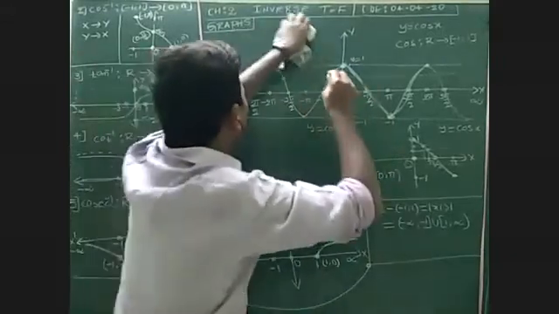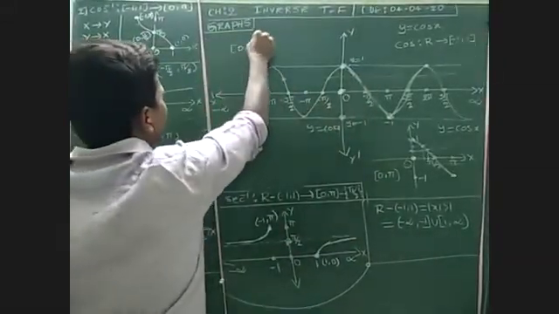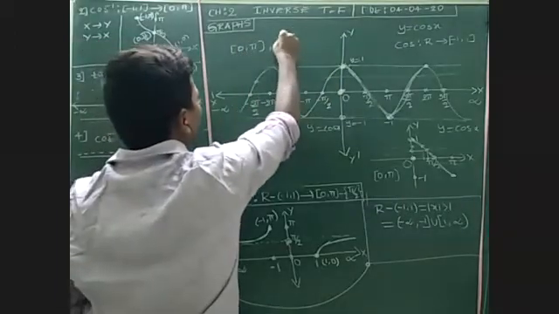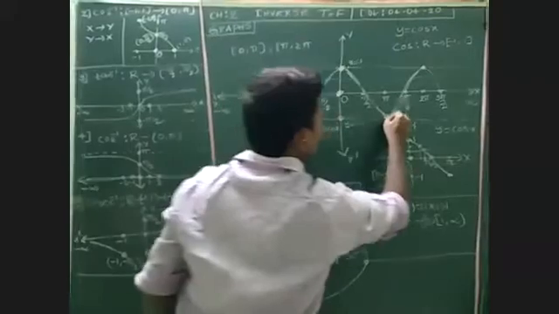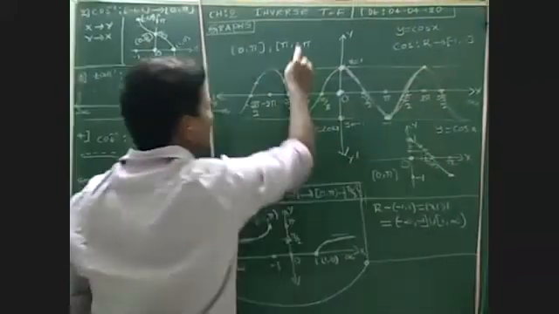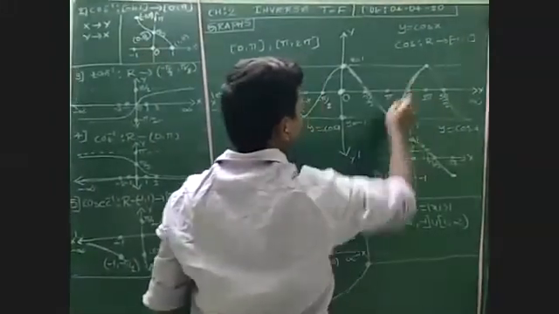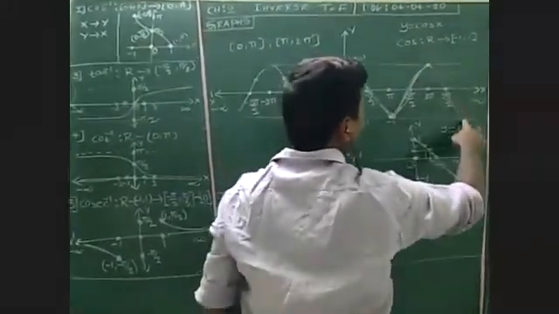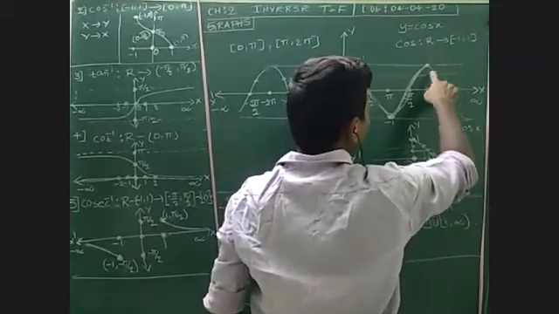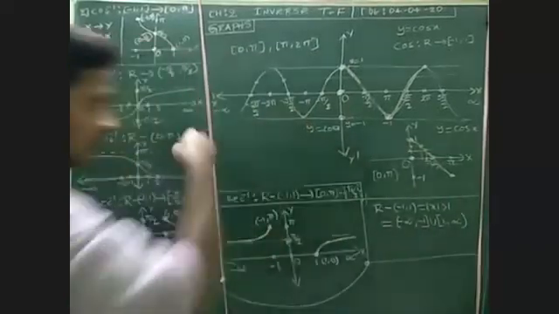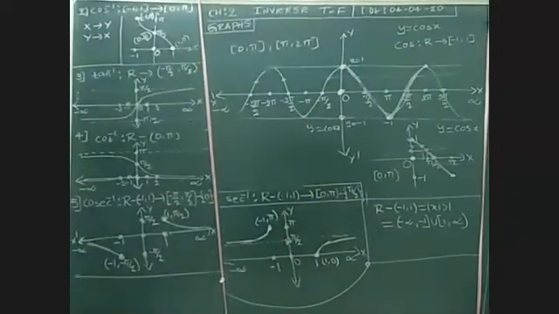We can split the interval like 0 to π, where cos x is one-one as well as onto, and π to 2π, and 2π to 3π.